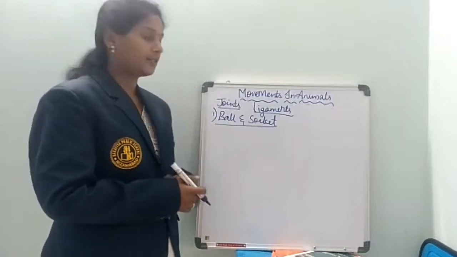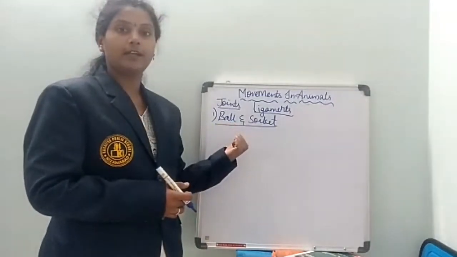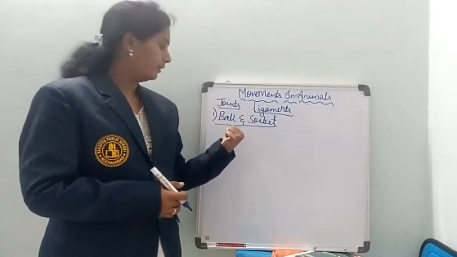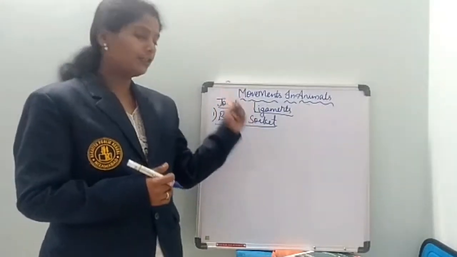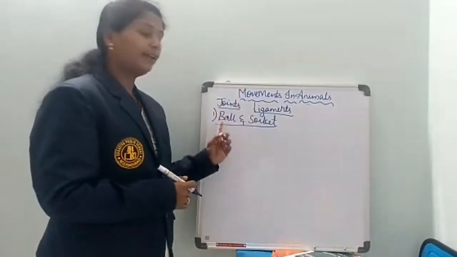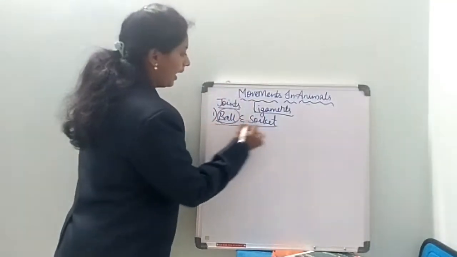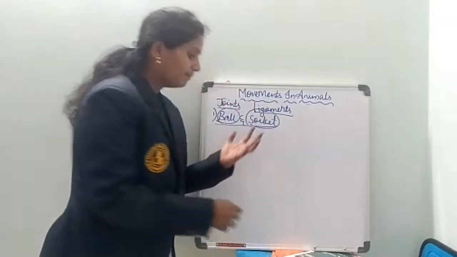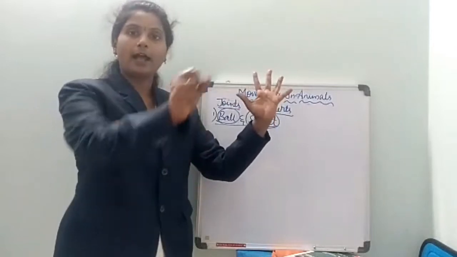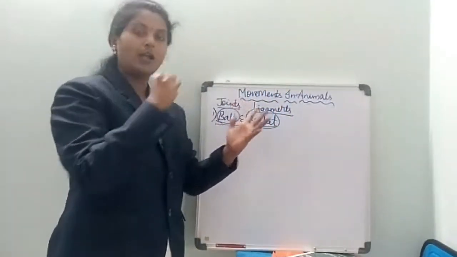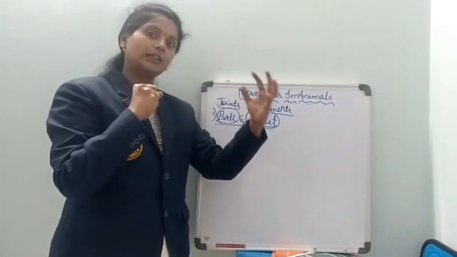In joints, generally two bones are involved. One end of the bone is like a ball and the other end of the bone is like a socket.